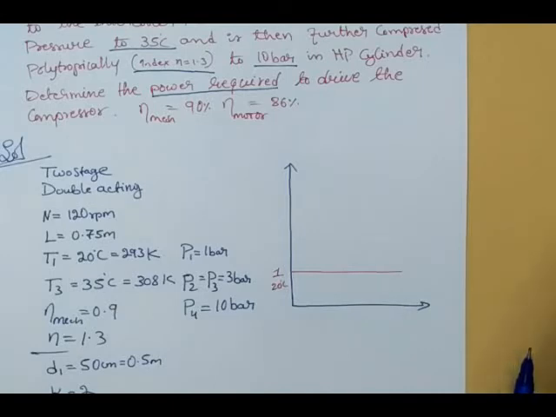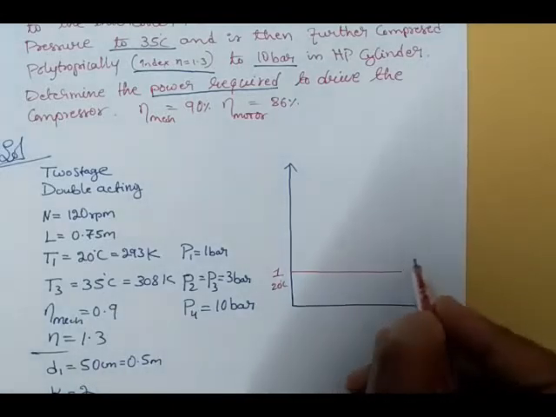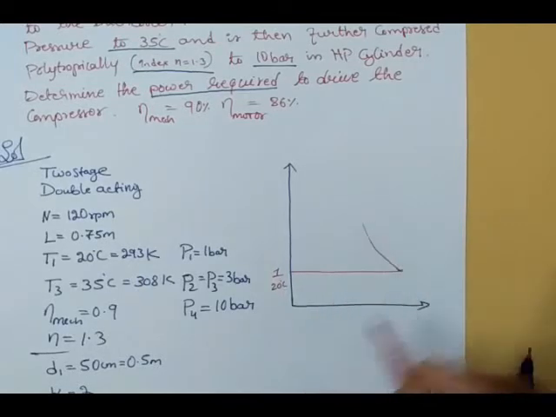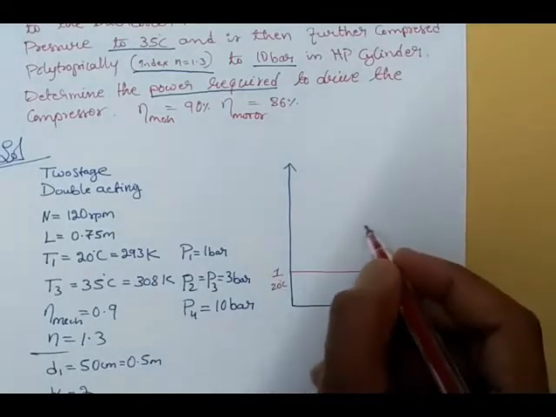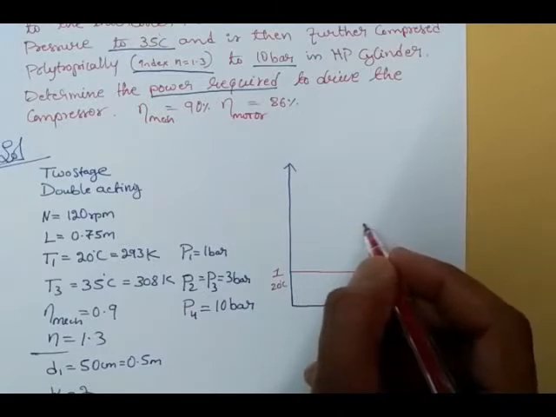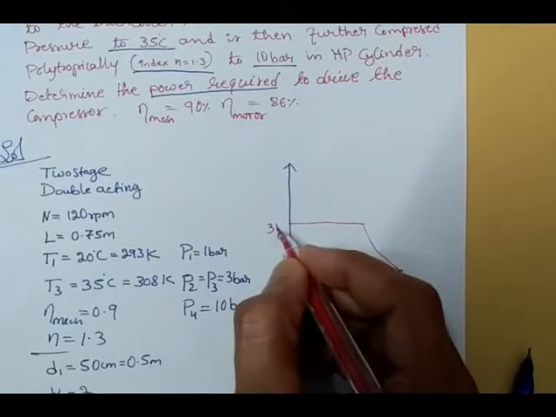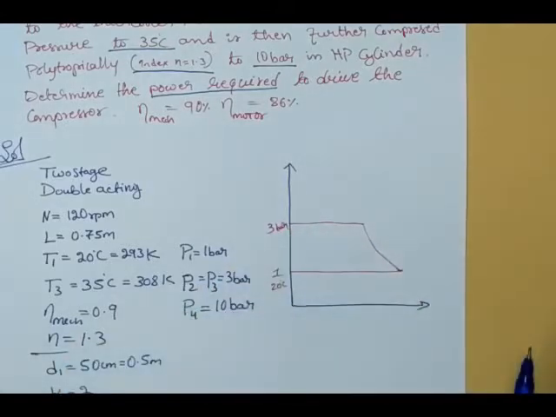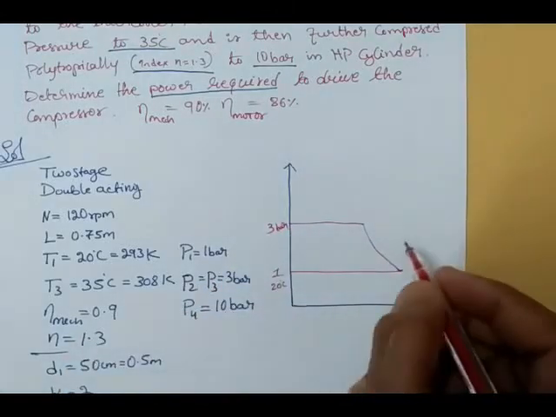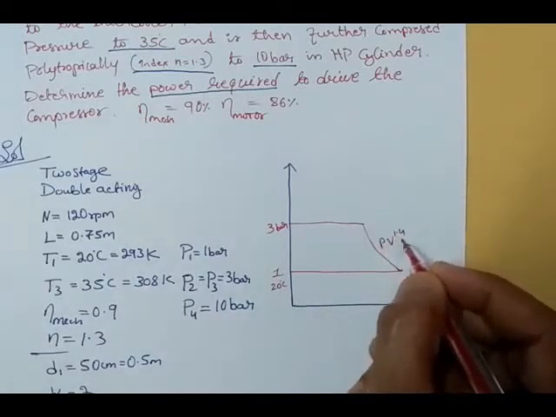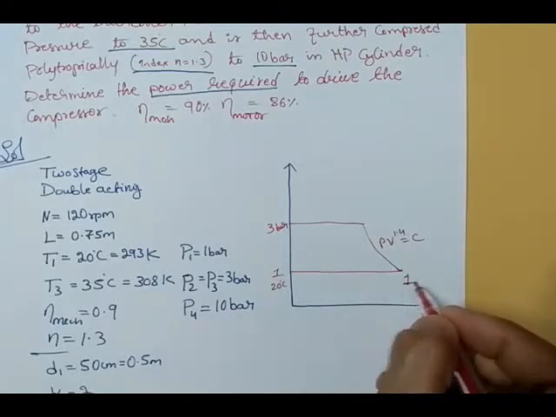So air is taken in, then it is compressed adiabatically to a pressure of 3 bar, and for this adiabatic process I will write PV to the power 1.4 is equal to constant.